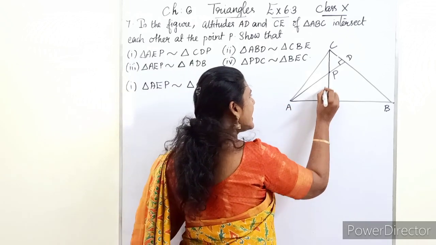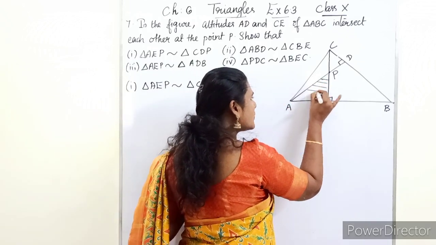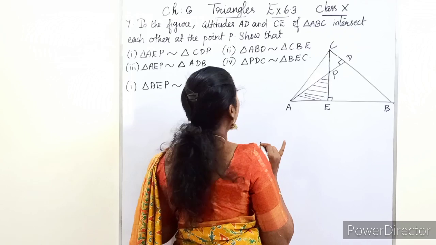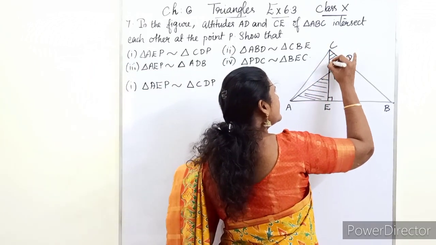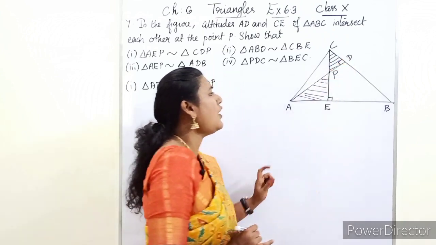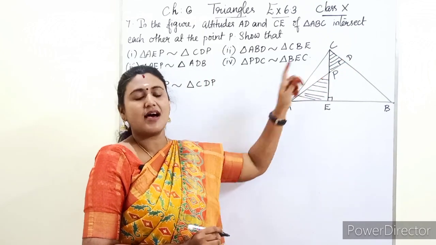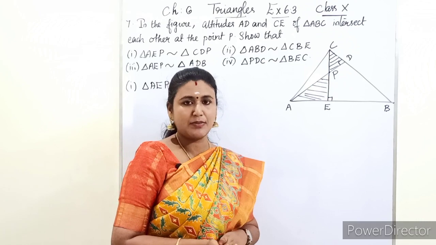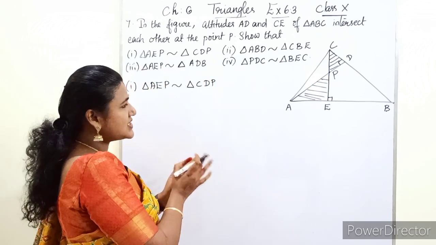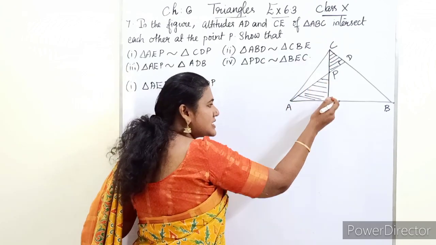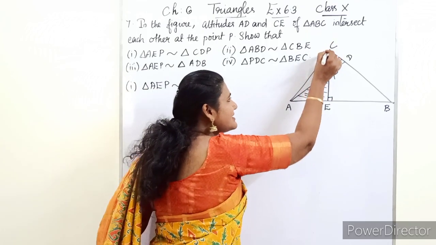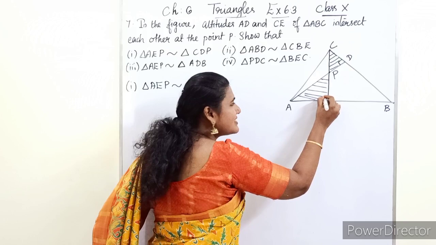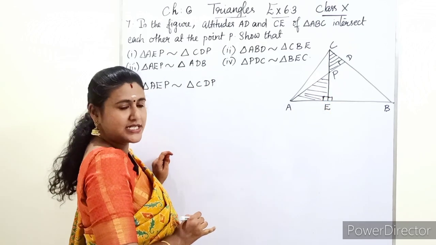So we are going to check the triangle AEP. So triangle AEP means this triangle. Okay, so triangle AEP and triangle CDP, this triangle. So we have to show these two triangles are similar using any one of the similarity criteria. So first, in the question it is given that CE is the altitude. So since CE is the altitude, what about this angle? This angle is 90 degrees.